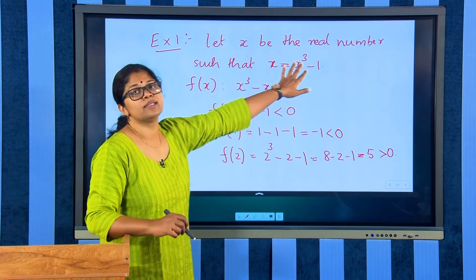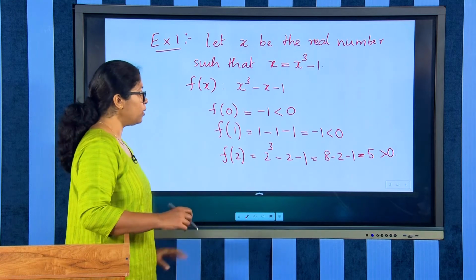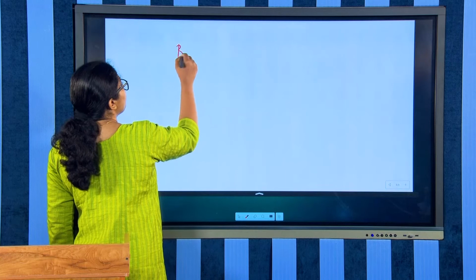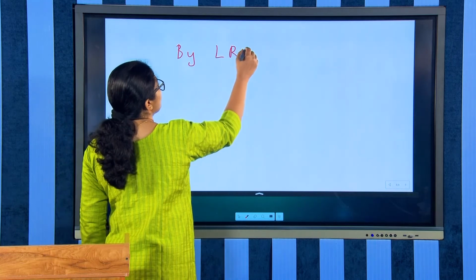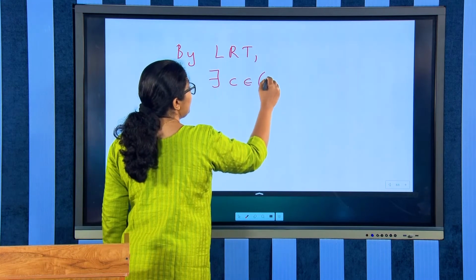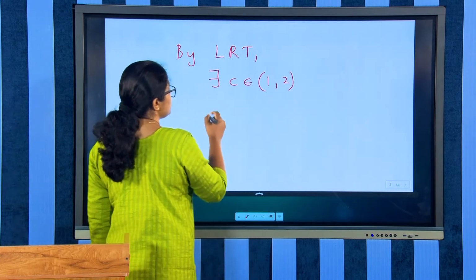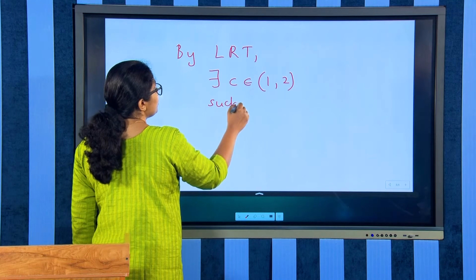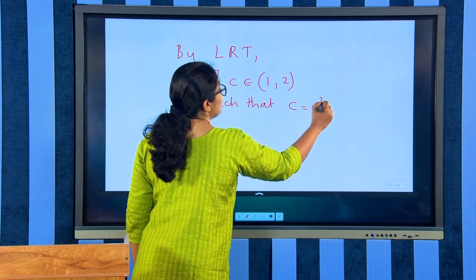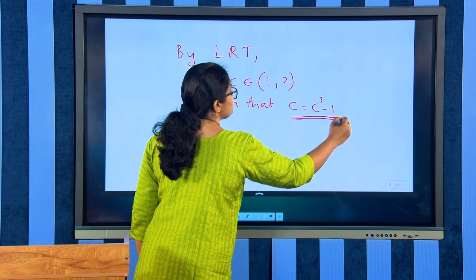By the location of roots theorem there exists a particular real number c between the points 1 and 2 such that c is exactly equal to c cube minus 1.